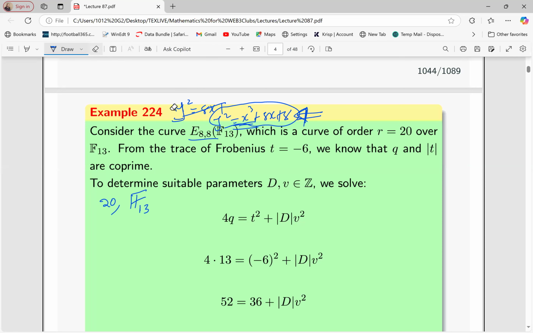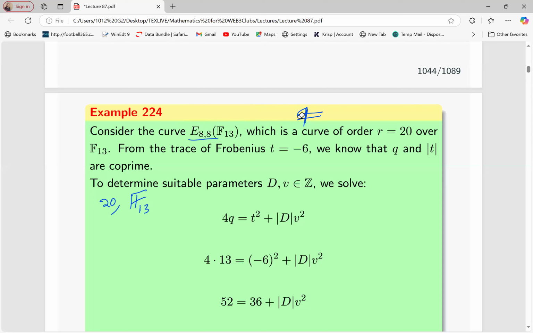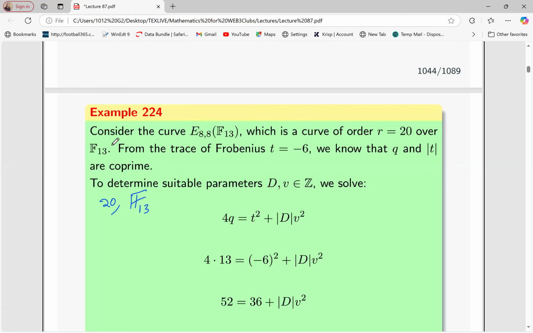So to begin with, since we don't know the curve we want, we only know the property that it must have 20 points and it must be on F13. The first step, we calculate the trace.